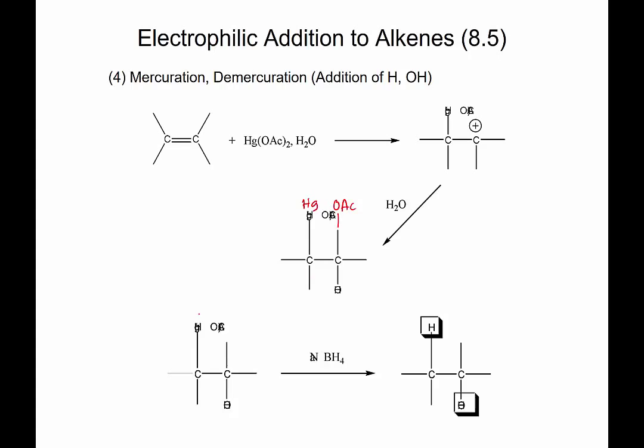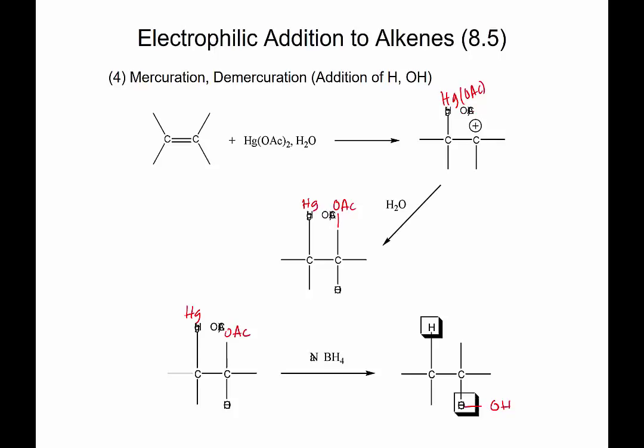Here is my Hg again, and here is my O acetate, and then here is my OH. I don't know why it did that. And then up top, there's another Hg and an O acetate bonded to the Hg.